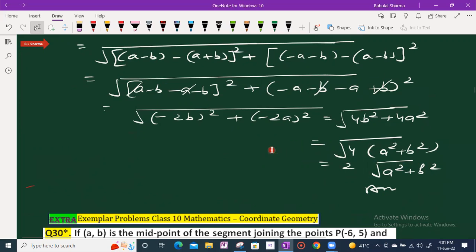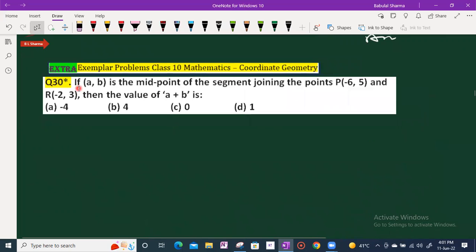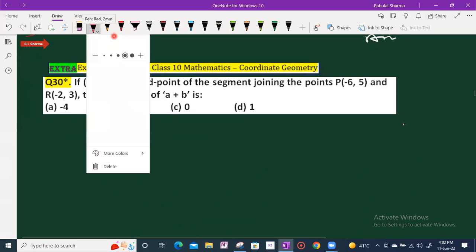Now next question. If (a, b) is the midpoint of the line segment joining P(minus 6, 5) and R(minus 2, 3), then the value of a plus b is? (a, b) midpoint hai. देखिए, you can draw here a line.